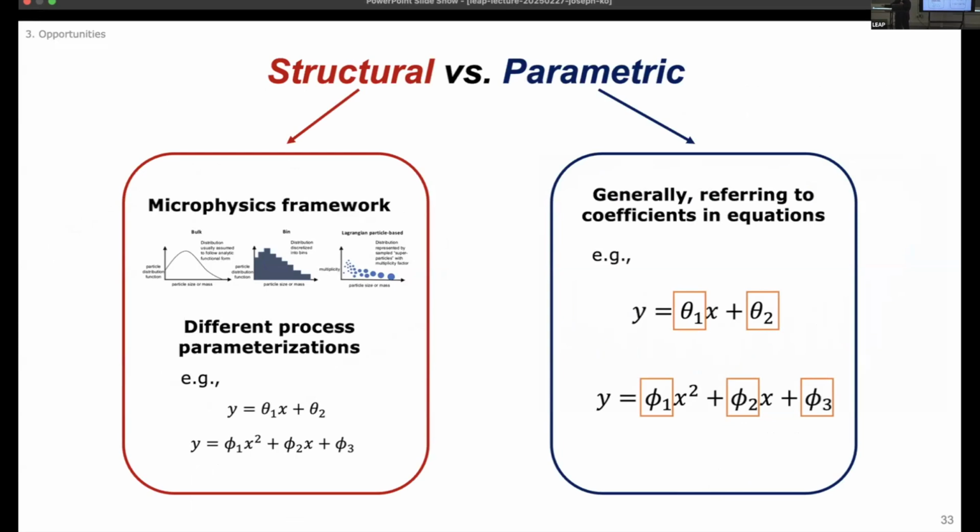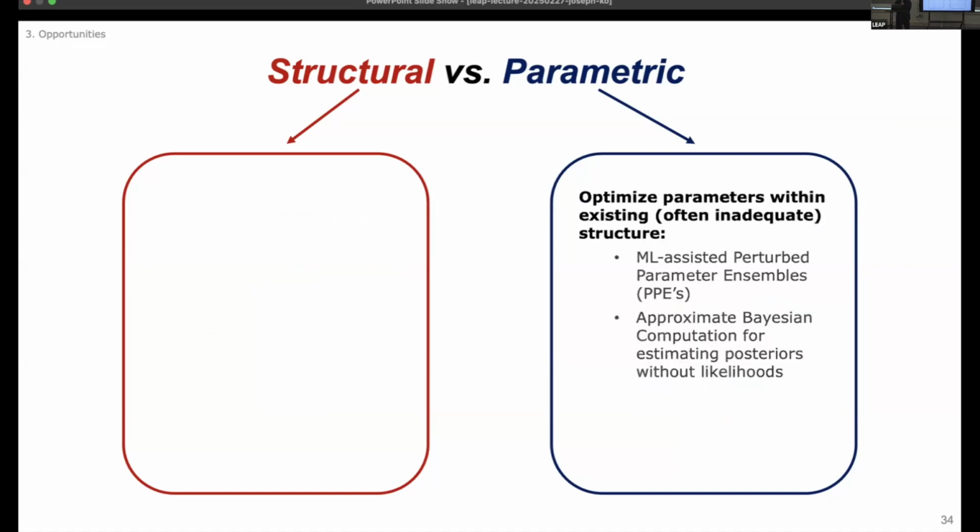So how do we address these two forms of uncertainty? On the right for parametric, this is work that a lot of people in LEAP are already doing with different parts of the Earth system model. For example, Kate with warm rain or Linnea with land modeling. You can do ML-assisted perturbed parameter ensembles and estimate some posteriors for those parameters.